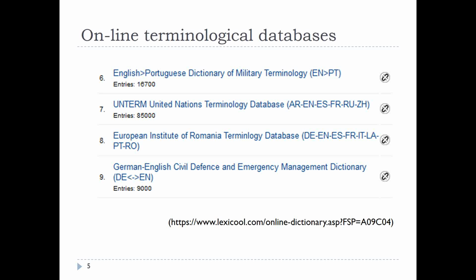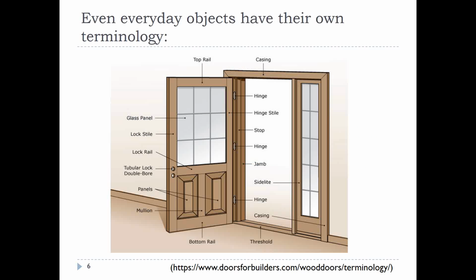The last one, which is on civil defense and energy management, contains 9,000, so even relatively specialized areas are very rich in terminology. Not only that, but even everyday items, if one wants to talk about them in a technical context, require the knowledge of a large number of specialist terms.